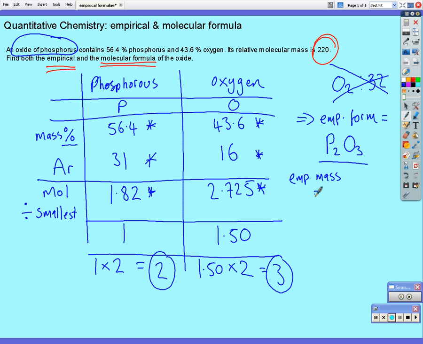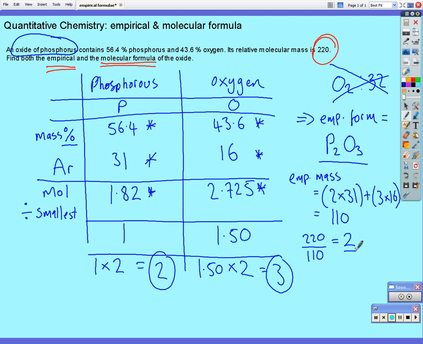Empirical mass gives me, using my periodic table, 2 multiplied by 31 plus 3 multiplied by 16, that gives me 110. I can see that the molecular mass, 220 divided by 110, gives me 2.